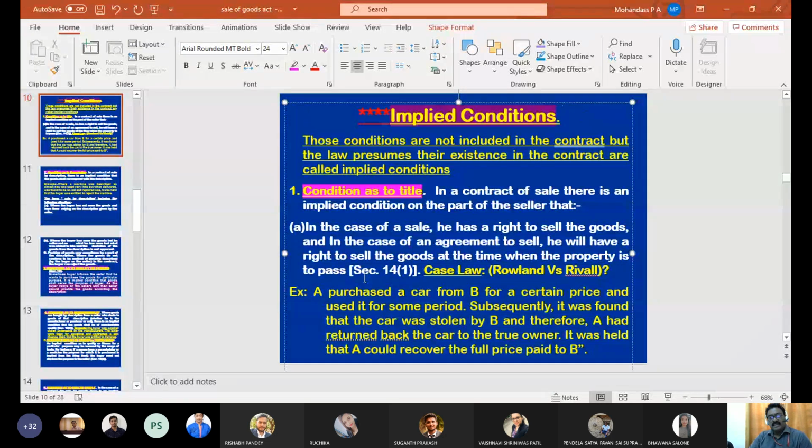So for example, there is an example given here. A purchased a car from B for a certain price and used it for some period. Subsequently, it was found that the car was stolen by B, and therefore A had to return the car to the true owner.